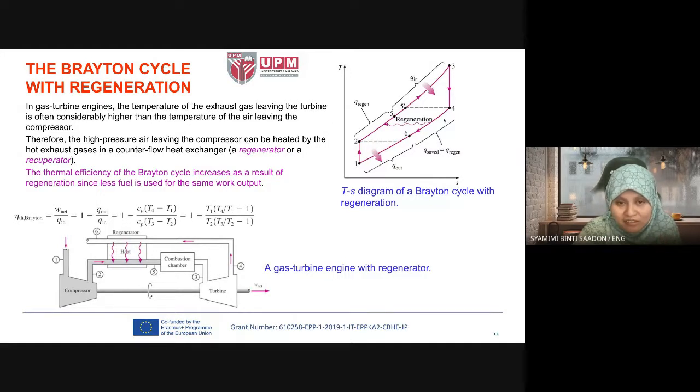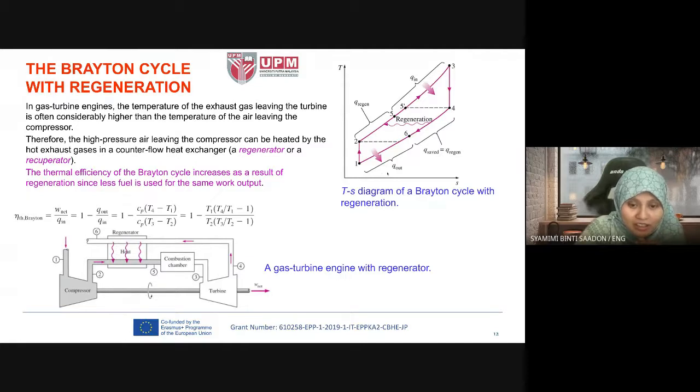It is the heat of the exhaust gas that we use to heat up the air from point 2 here. We don't mix the mixture, the fuel, etc., but we use the heat from it. Heat transfer.